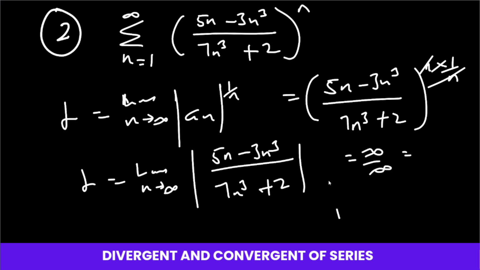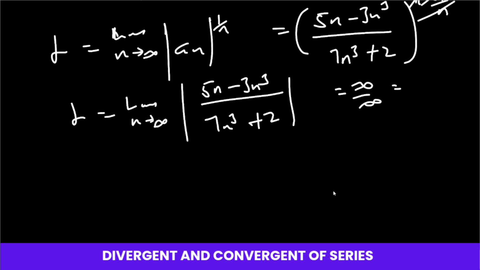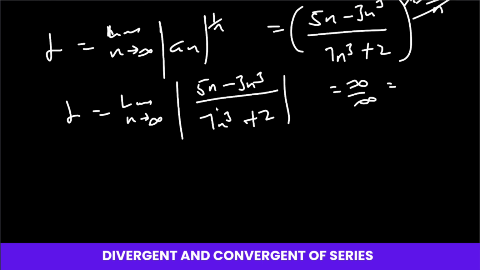So you can move further to use L'Hopital's rule, or to divide by the highest power of n. If we do that, we are going to divide in the denominator by the highest power of n.